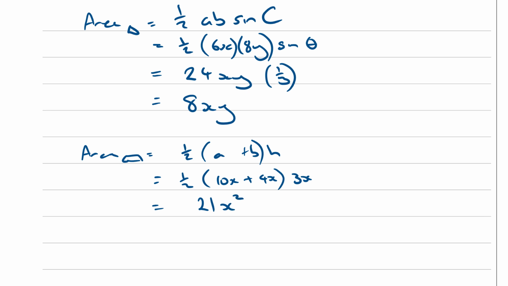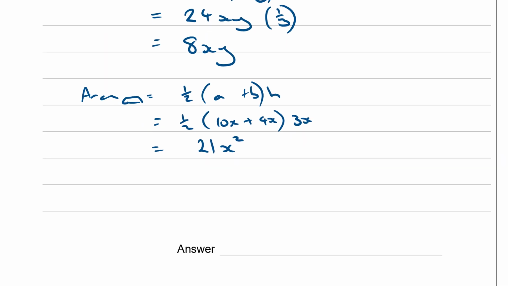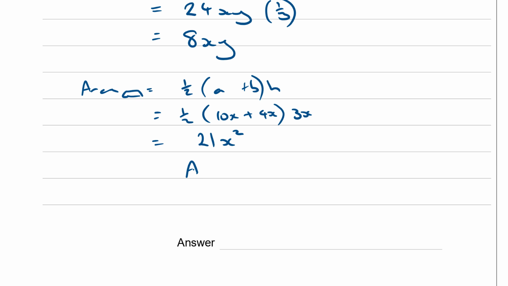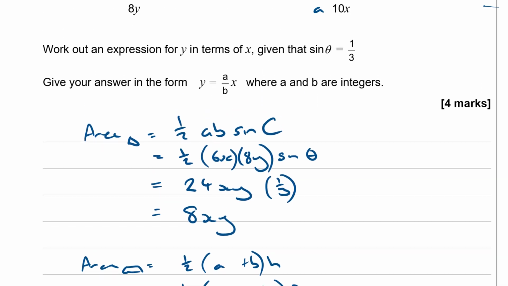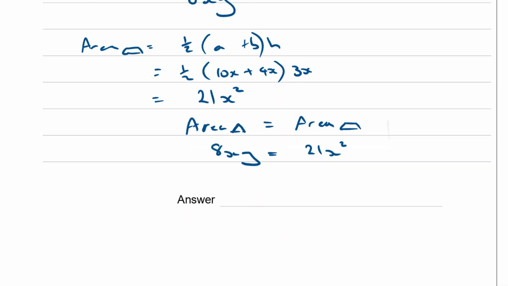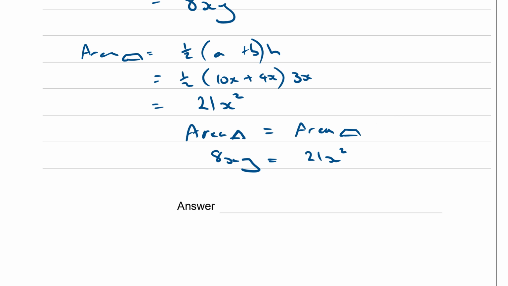21x squared. Okay, so now we're told that these two areas are equal to each other. So area of my triangle is equal to the area of my trapezium, which means that 8xy must be equal to 21x squared. Now what are we looking for? We're looking for y in terms of x, so we need to make y the subject here.